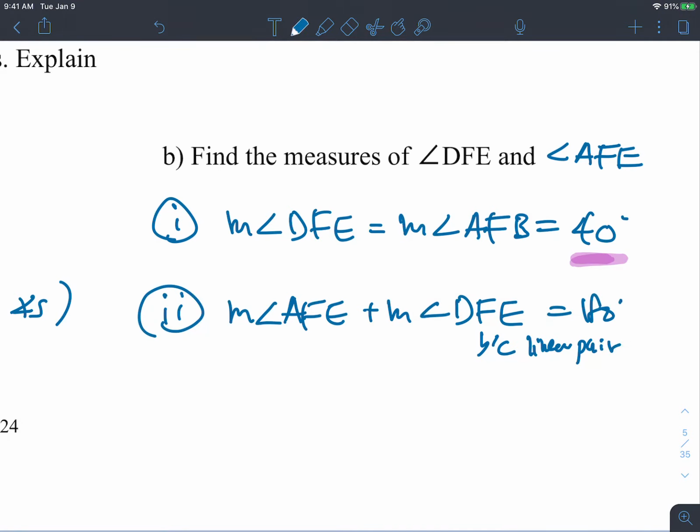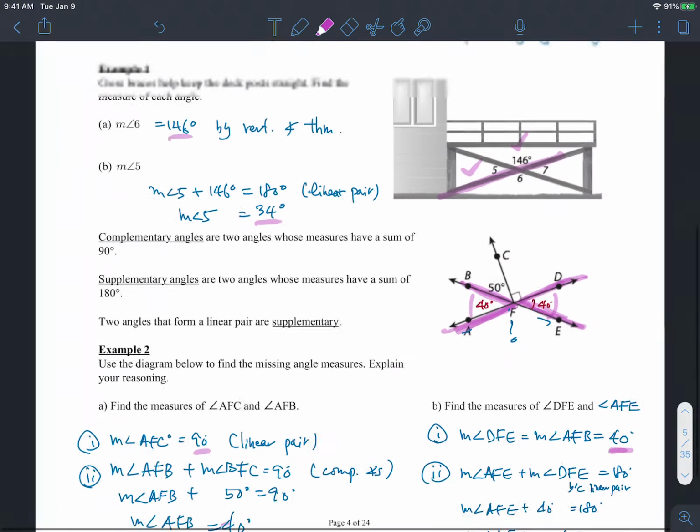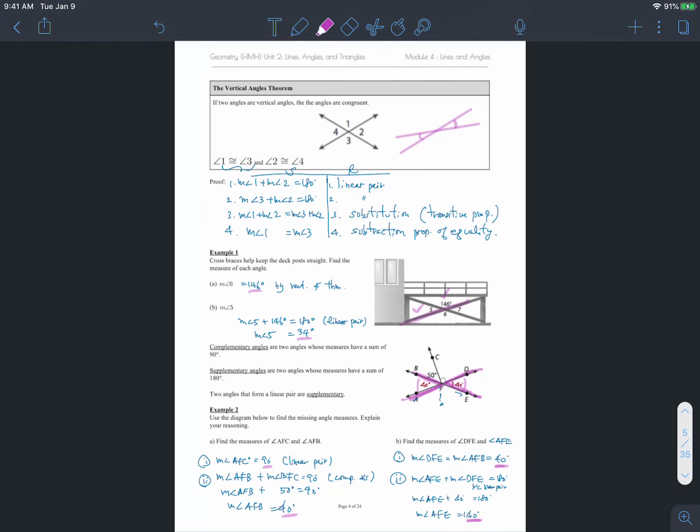And we know that DFE is 40 degrees, right? DFE is 40. So we substitute that value. Measure of AFE, therefore, has to be 140 degrees. Okay? All right, guys. So that is it for the lesson on this page.